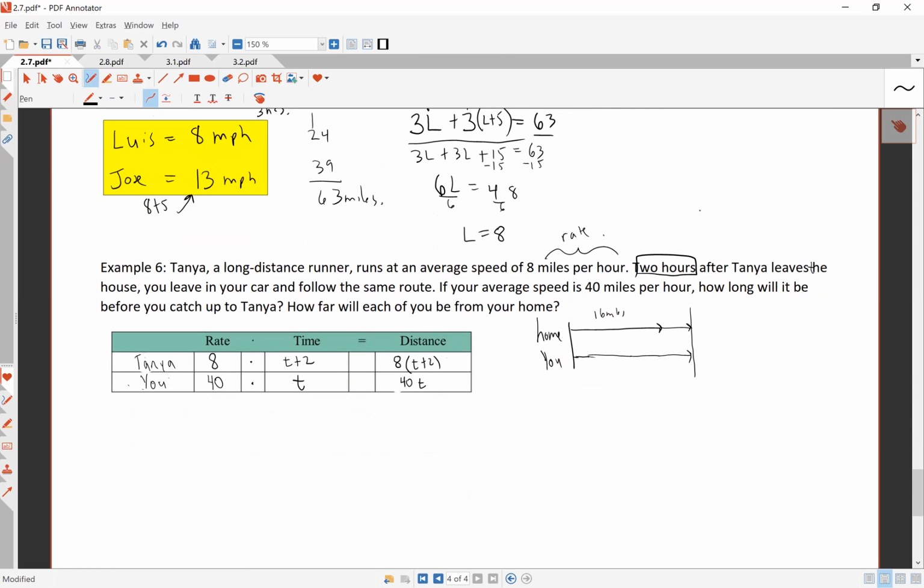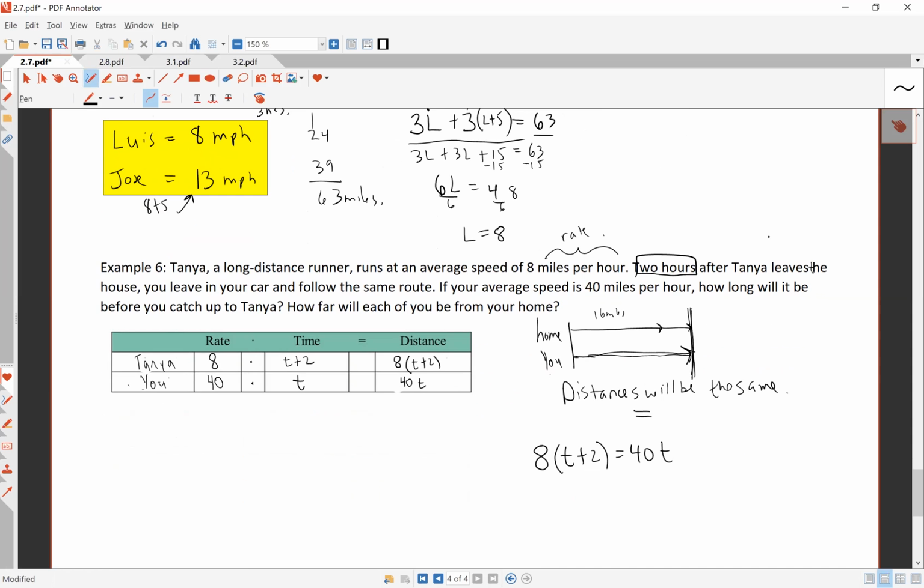This time, you are trying to catch her. And at the moment that you catch her, your distances will be the same. Same means equal. So we'll have 8 times t plus 2 has to equal 40 times t.